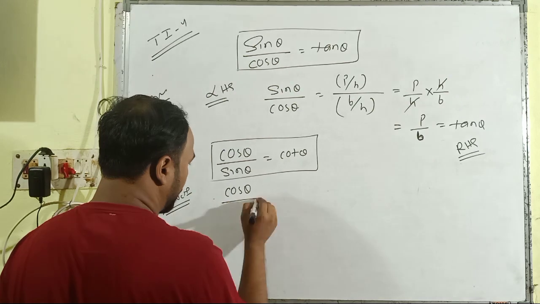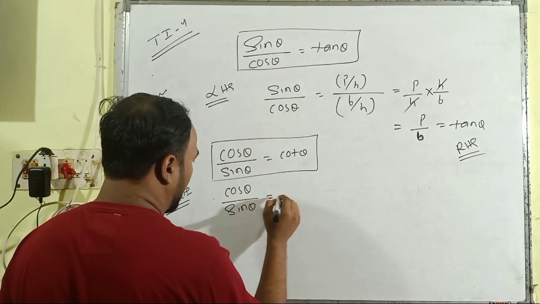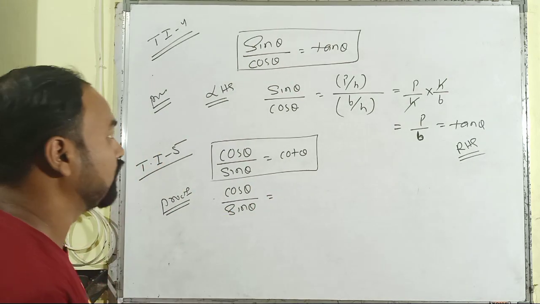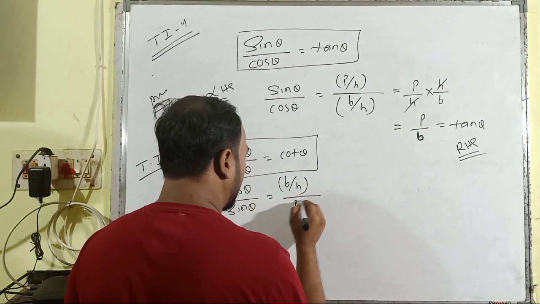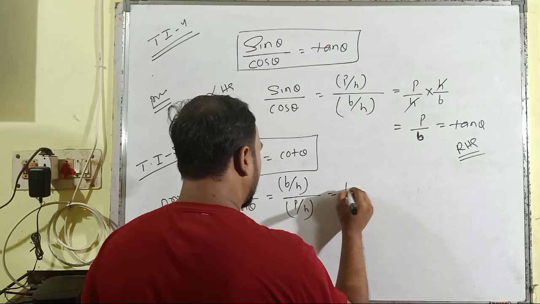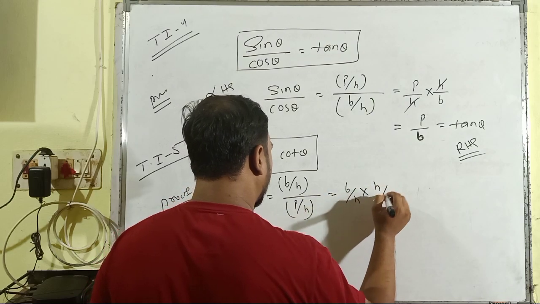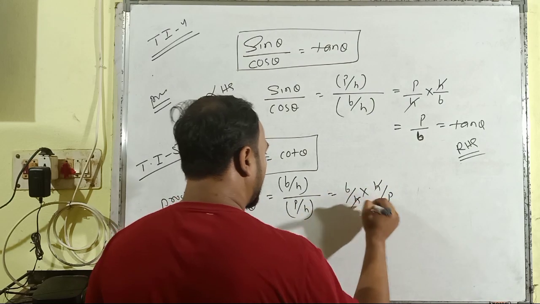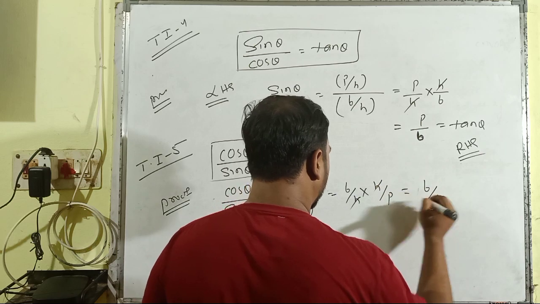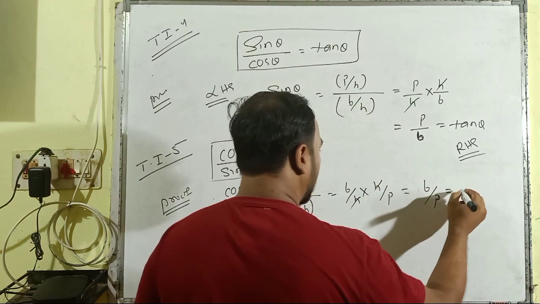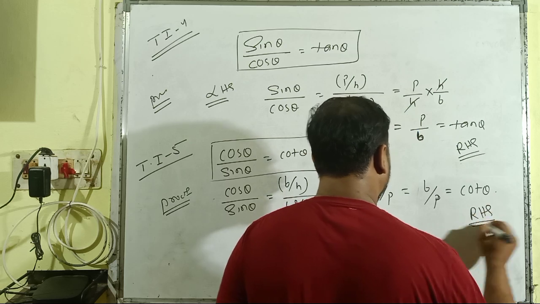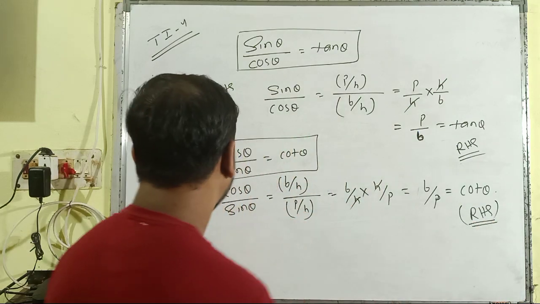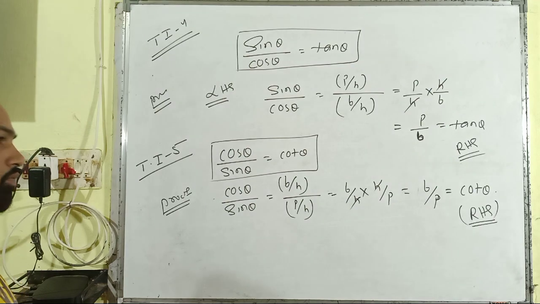Cos theta divided by sin theta: the value of cos theta is b by h and the value of sin theta is p by h. Then it will be b by h multiplied with h by p. Then cancelling both h here, it will give b upon p, which is cot theta, and here it is the right hand side part of the given trigonometric identity number 5.